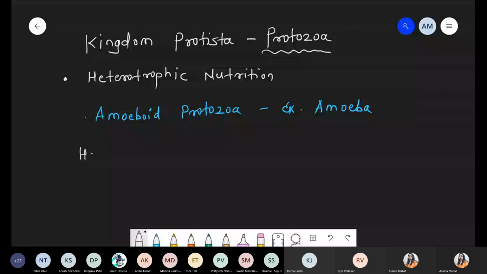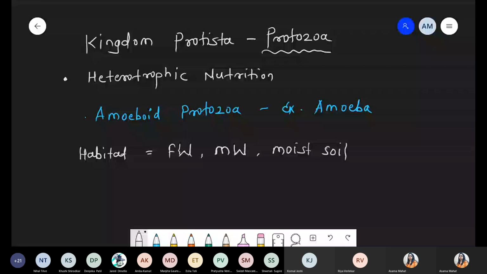In case of habitat, very simple, they are present in freshwater, simply represented as FW, as well as in marine water, simply represented as MW, and a few are also present in moist soil. So these are the three habitats: freshwater, marine water, and moist soil. FW stands for freshwater, MW stands for marine water, and finally moist soil.